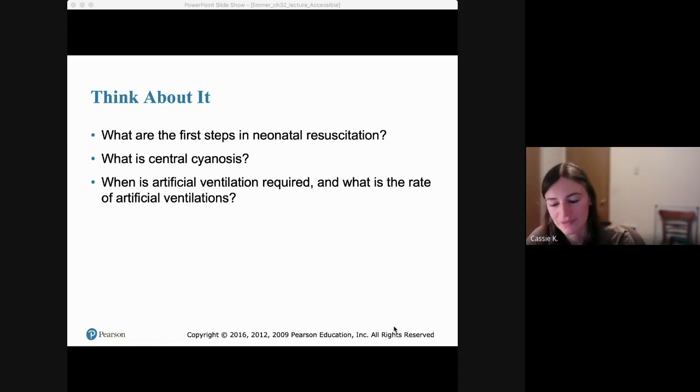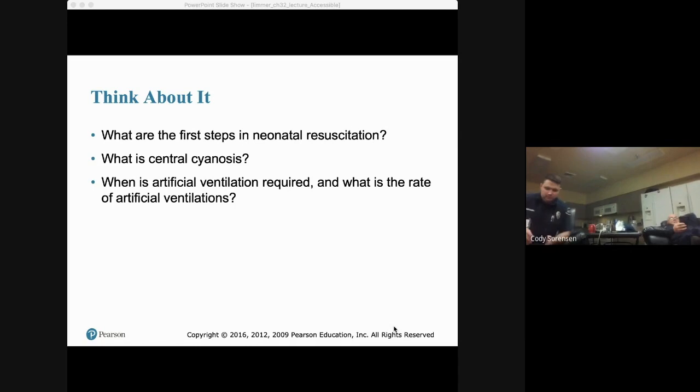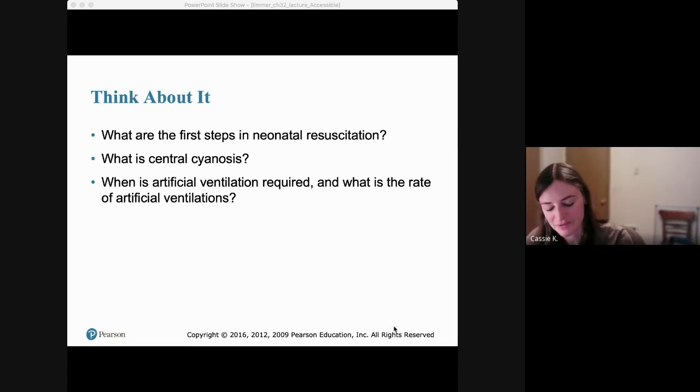Yep. So it kind of goes with the APGAR score, which we didn't go into detail, but a full rating on color of a newborn would be if they're completely pink, that would give them the 2. A 1 would be if just their extremities are blue, and then a 0 would be if they're blue throughout. So central cyanosis is a sign of worse oxygenation than just their extremities or hands.